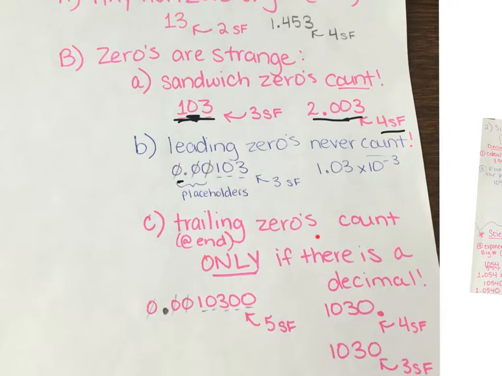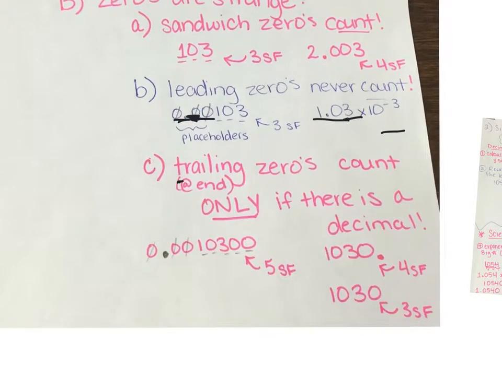Next, we've got trailing zeros. Trailing zeros are significant only if there is a decimal. So back to that same number, if we throw a couple zeros at the end, we have 0.0010300. This is actually showing you 5 significant figures. These last 2 zeros do count, or they do matter, because there's a decimal here. What it's telling you is that you have a very specific measuring device, and that's where those zeros are coming from.